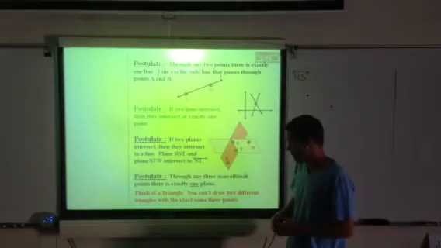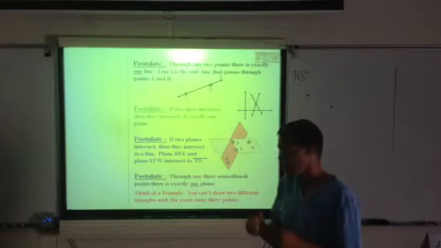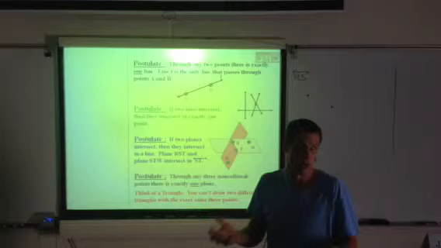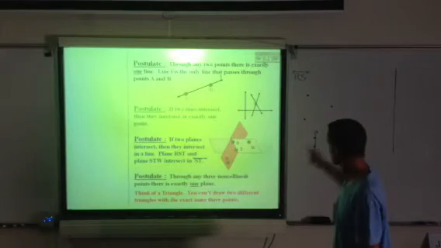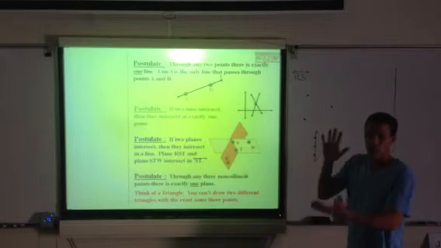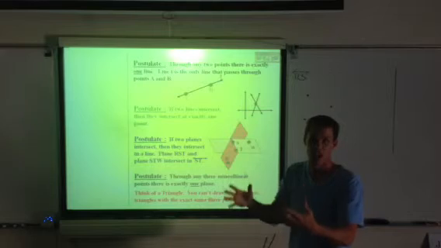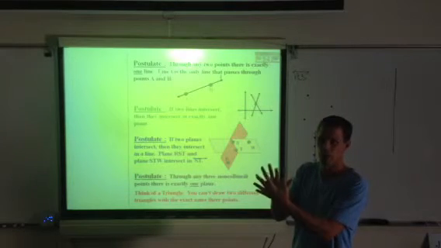Postulate number 4, the last one. Through any 3 non-collinear points, there is exactly one plane. What did we say about non-collinear points? They form a triangle. If you have a triangle, that becomes a flat surface. Not a bunch of flat surfaces, one specific flat surface.